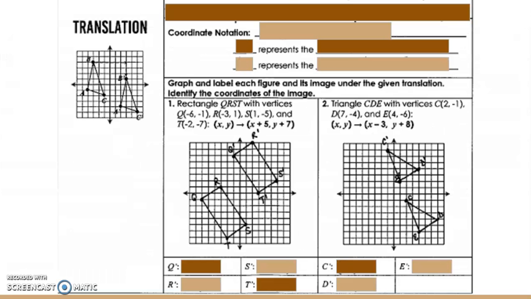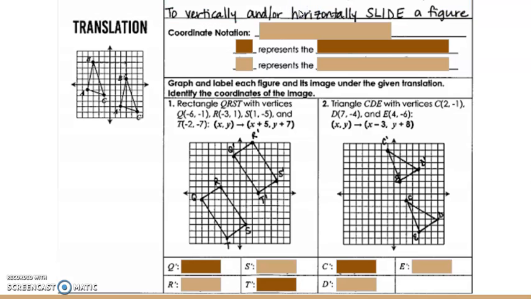When we have a translation, that is a vertical and or horizontal slide or shift of a figure. If we look at the coordinate notation, so how we would write that out, we say that we have our pre-image point, x comma y, and that changes to x plus h and y plus k.